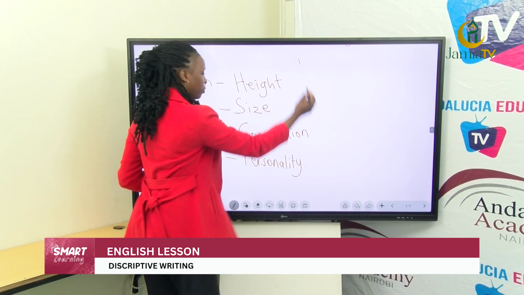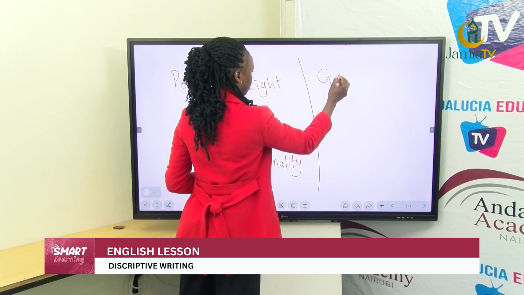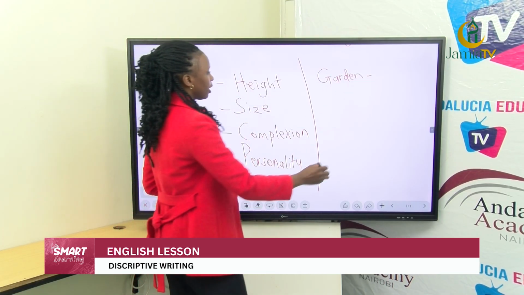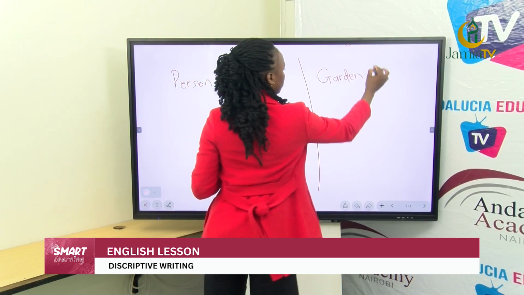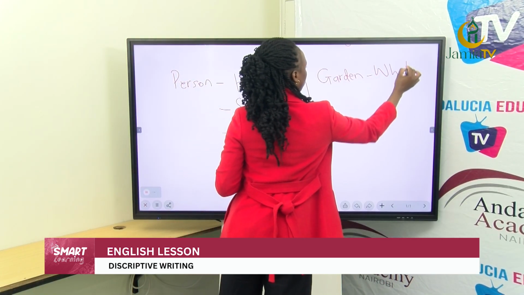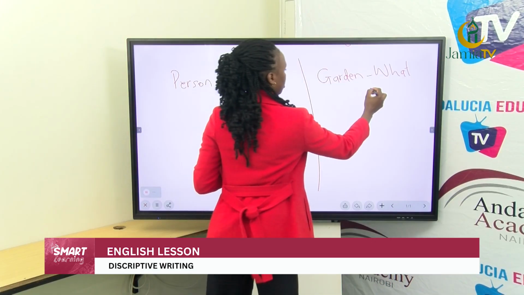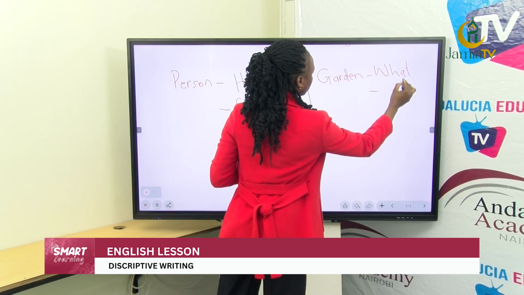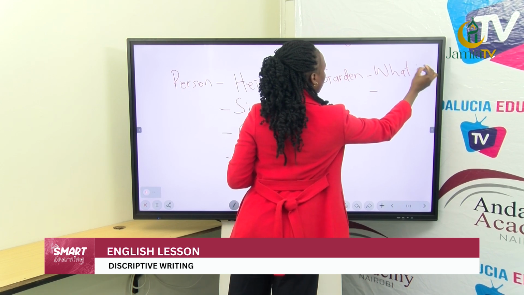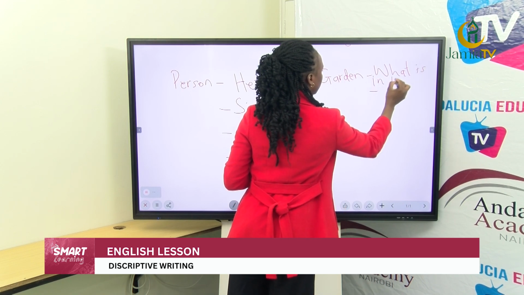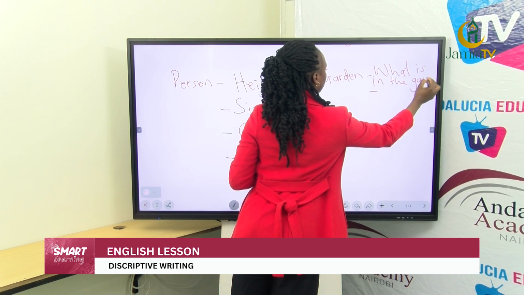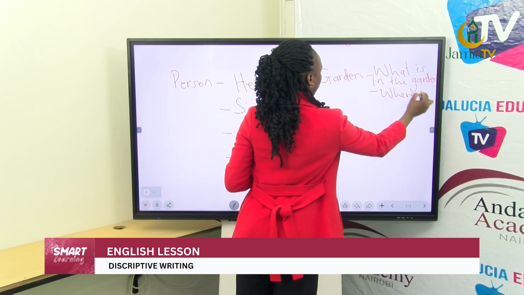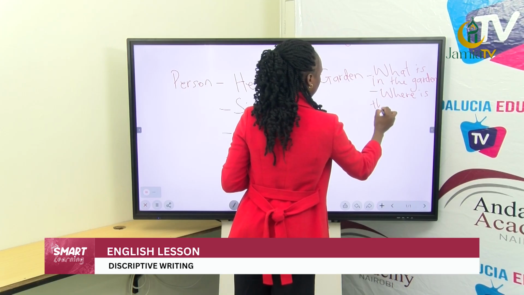So the same way when we are describing the garden, we are describing what somebody sees. So we have that question, what? What is in the garden? Let me just have that. Where is the garden?